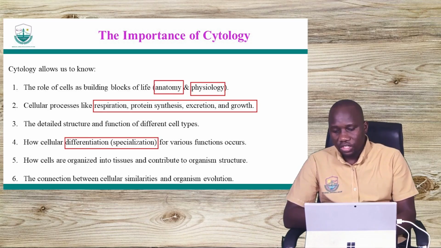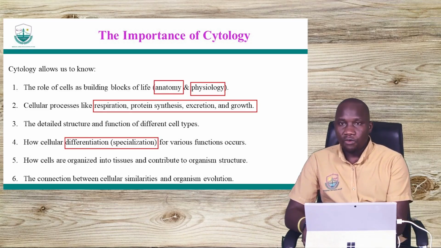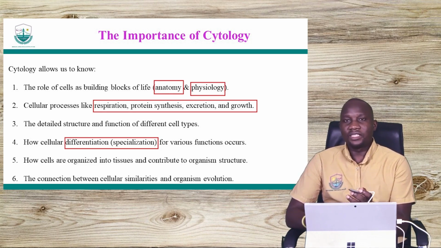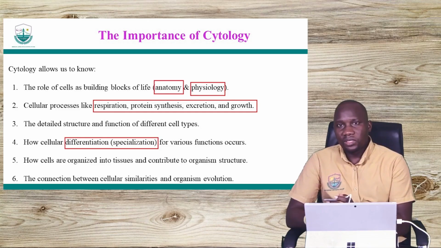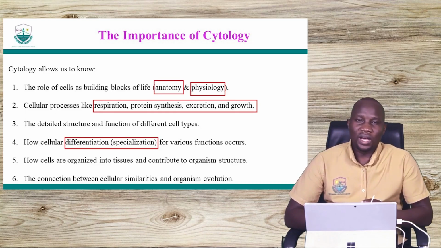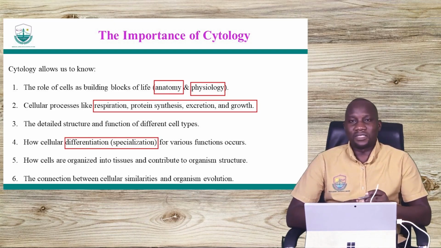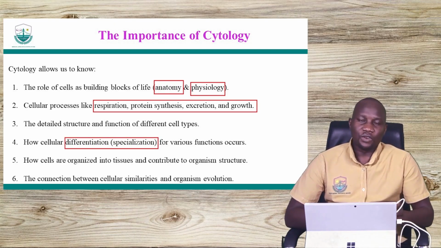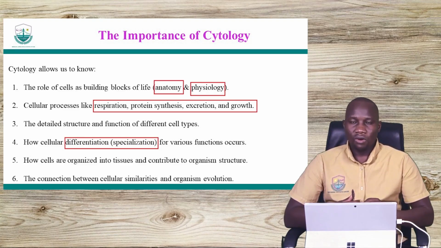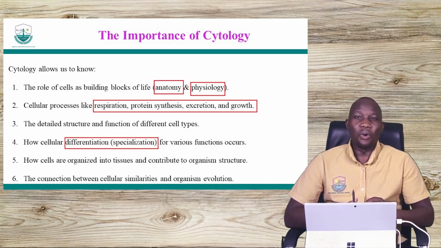Okay, so we have what we call biological organization. We start with atoms, and then atoms form the elements, and then the elements form compounds, and then the compounds connect us to what we call organelles, and then we have the cellular level, and then from the cellular level you go to the tissue level, and then organ system, and then you move to the organism.